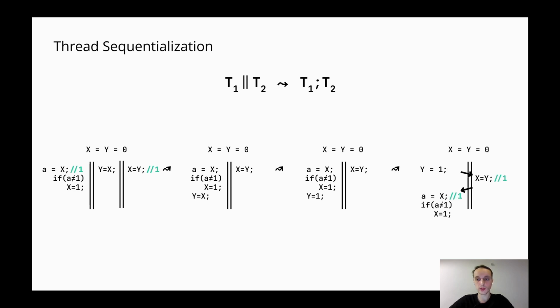Next, the assignment to variable y can be reordered above in the resulting program, and interleaving where instructions of the second thread are executed in between instructions of the first thread leads to a relaxed outcome where a equals 1.